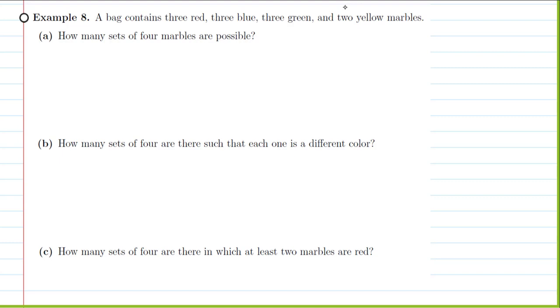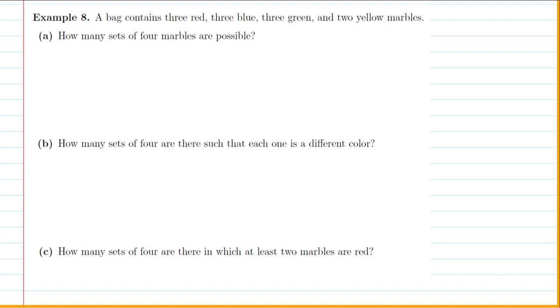Okay. So before we do this problem, I want everyone to think for a second. How are we going to count this? Is there going to be multiple stages? What's going to happen? So we need to be able to come up with a plan. So we want to know, how many sets of 4 marbles can I make if I have a bag that contains 3 red, 3 blue, 3 green, and 2 yellow?